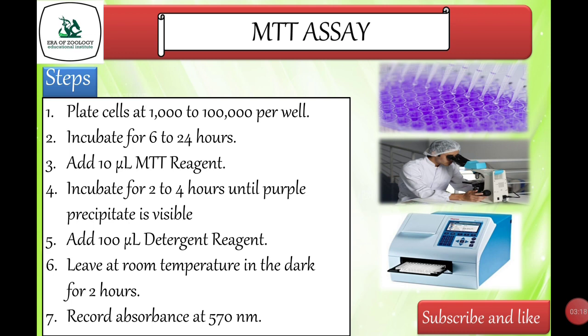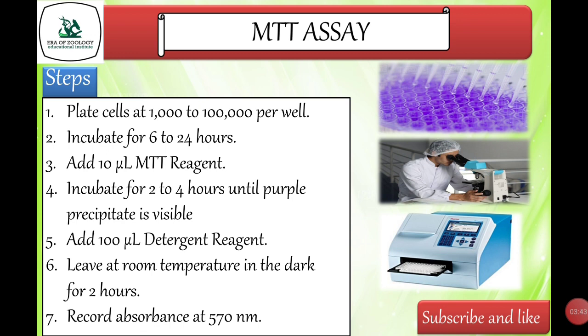Now we will talk about the basic steps of the MTT assay. Basically, in the first step, plate cells at 1000 to 1 lakh per well and incubate for 6 to 24 hours at 37 degrees Celsius in the incubator.